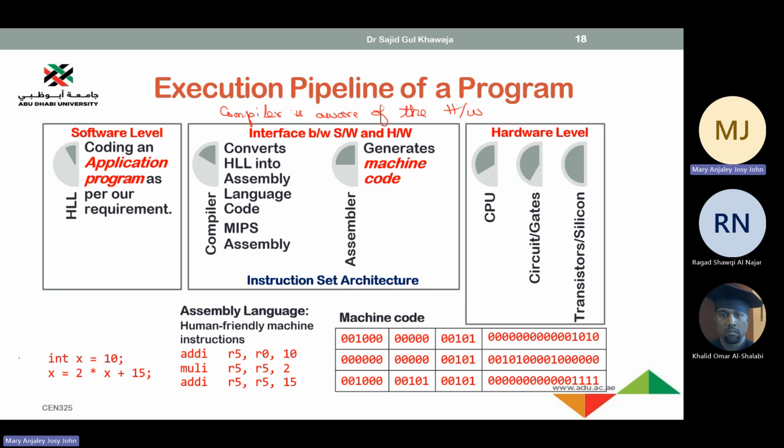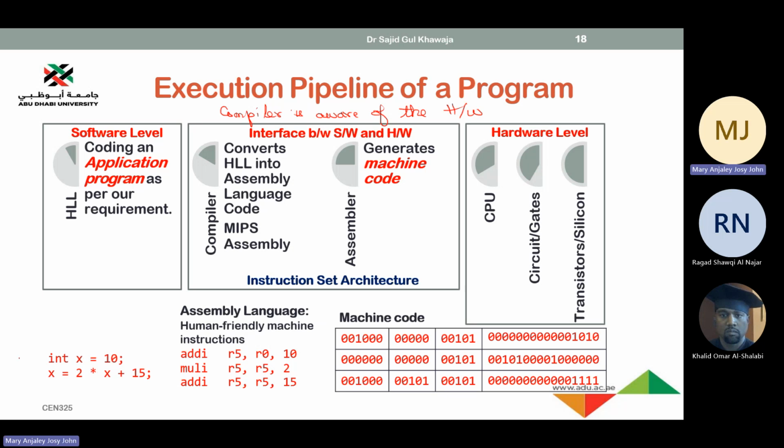Just understand, once we give the high level language, it has to be converted to machine language for it to understand. So even though we do some software coding for the microcontroller or microprocessor, it has to be converted to machine code for it to understand.